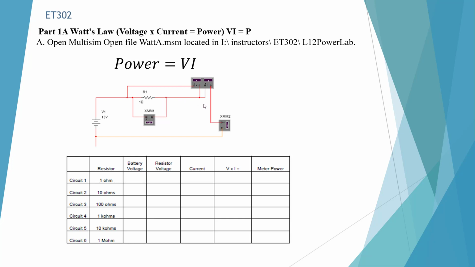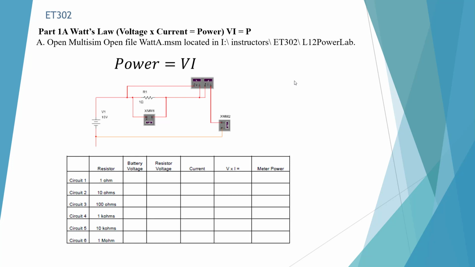This device here is a wattmeter. It's going to take our voltage and current and multiply them and then figure out what our power is in watts. And this is going to use this simple formula, power equals volts times current. And we're going to complete the table and confirm it on Multisim.